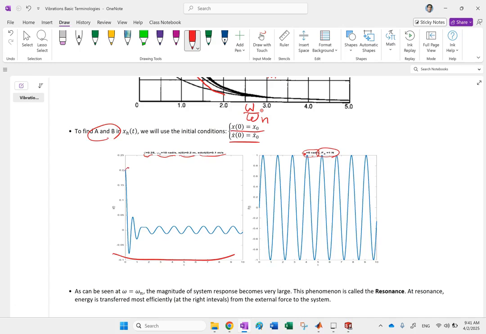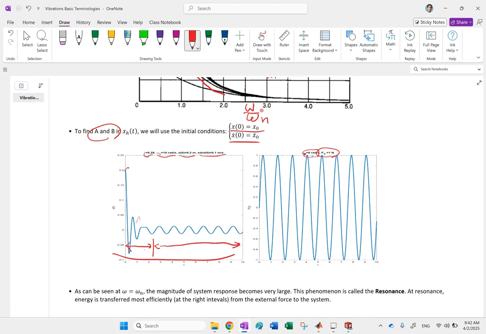And if you look at your solution, you see there is a portion where the behavior is different than the rest of it. There is a portion where the signal is changing, and then after some time the signal is rather of constant magnitude, constant phase, and everything. So what happens?